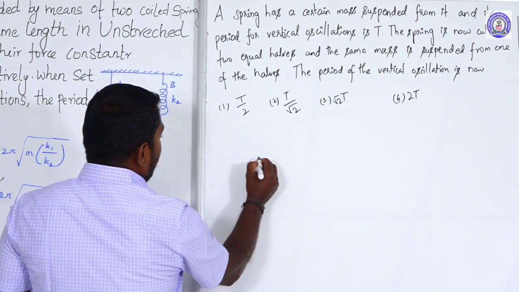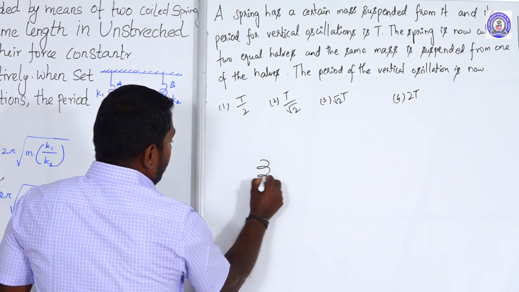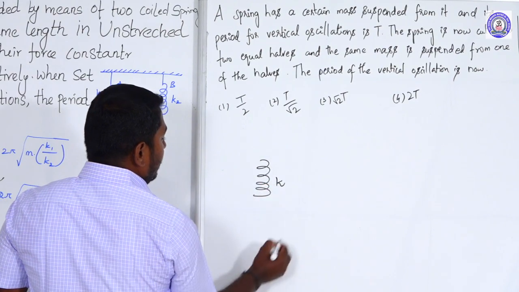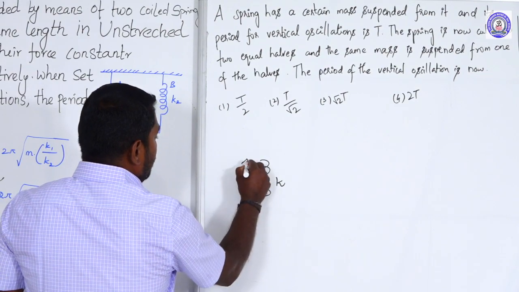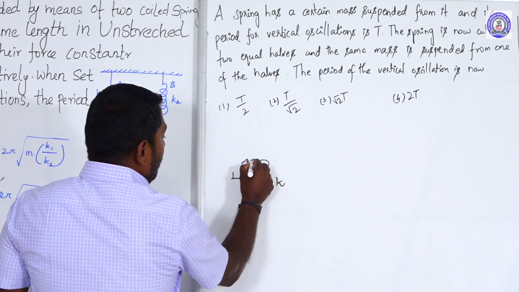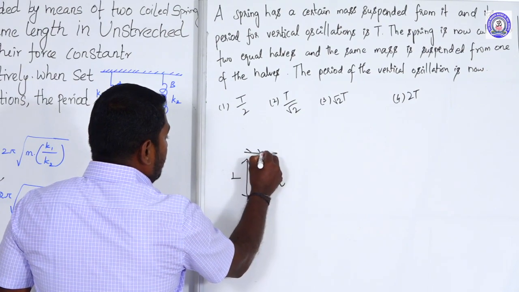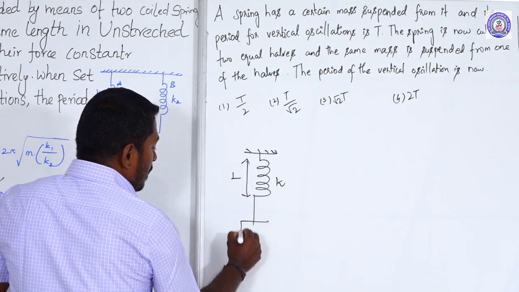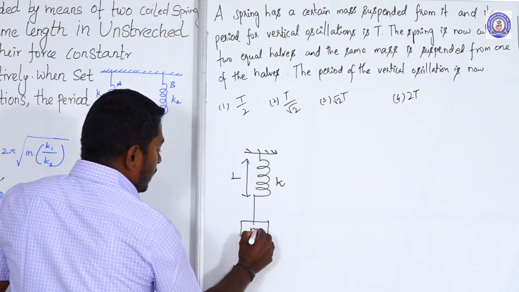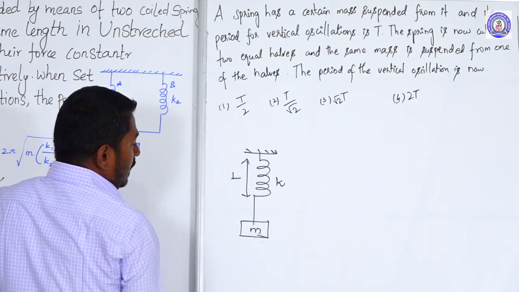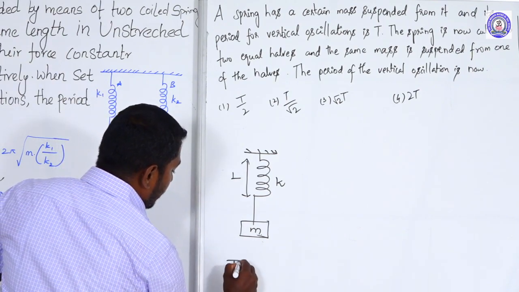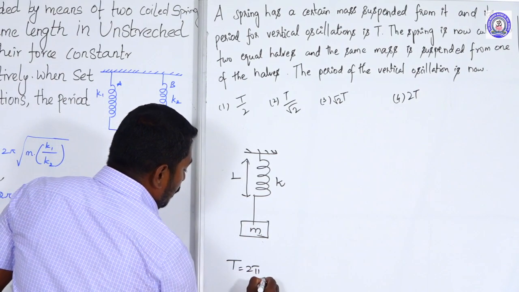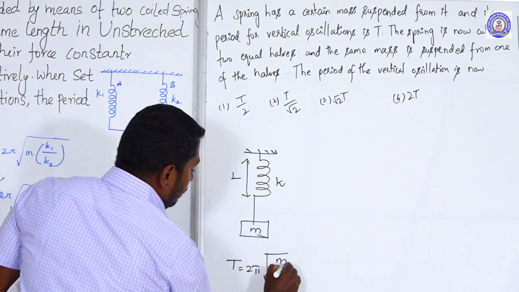First, let us consider one spring with spring constant K and natural length L, with its top end tied to a rigid support. The lower end of the spring is loaded with the mass M and set to oscillate vertically along the y-axis. Time period T is equal to 2 pi square root of M divided by K.